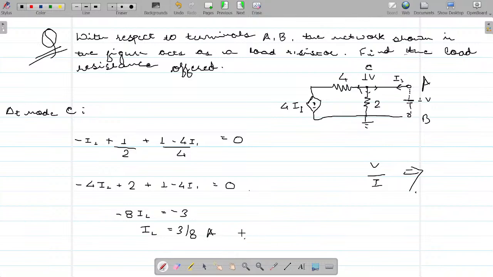Now I1 I have calculated, but still we have not calculated our R. So R input through this network from here would become V upon I. What was V? V is 1 volt. What is I? 3 by 8. It becomes 8 by 3 ohms. That is your answer.